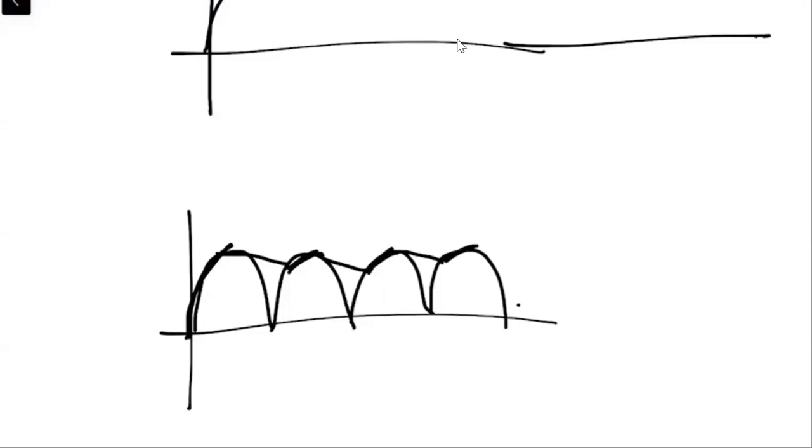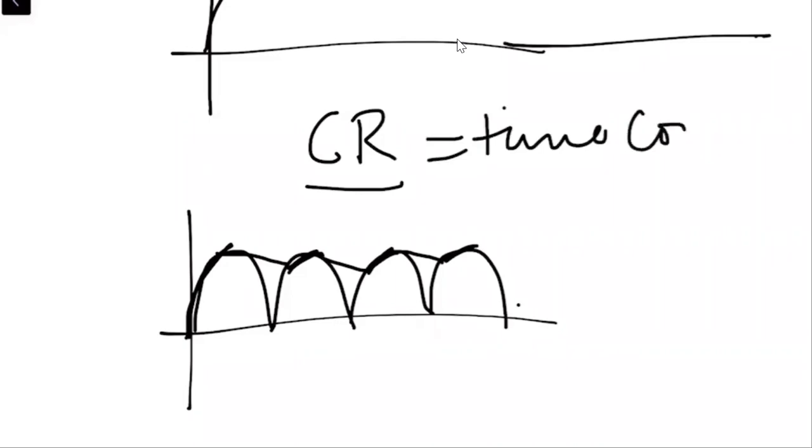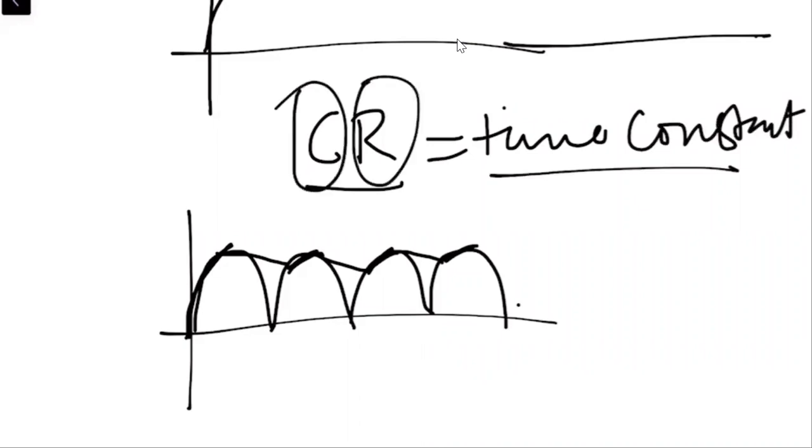And C into R is basically called the time constant. If the value of R is very high and the capacitor can store a lot of charge, so the CR value is high. This means if the time constant is high, the capacitor can maintain the charge at the peak value.